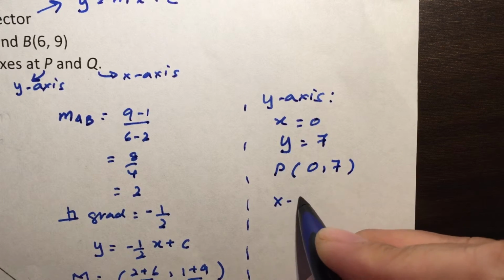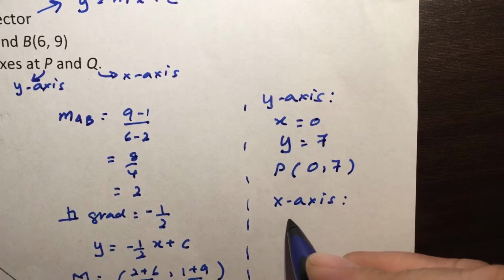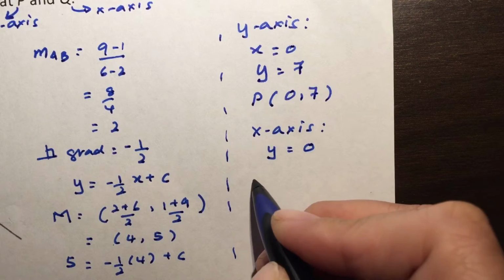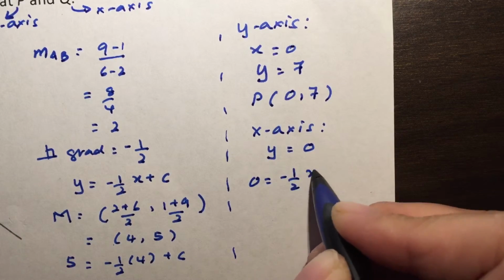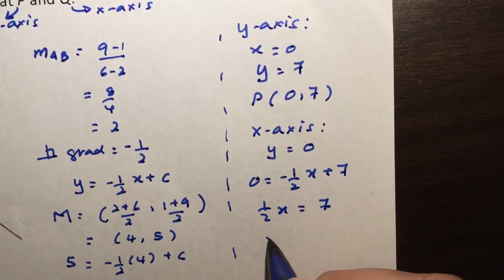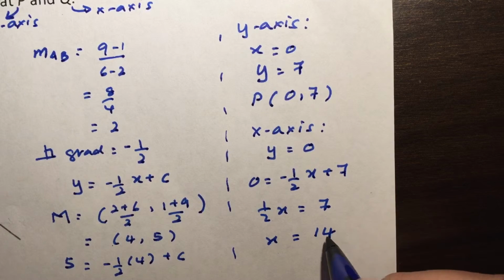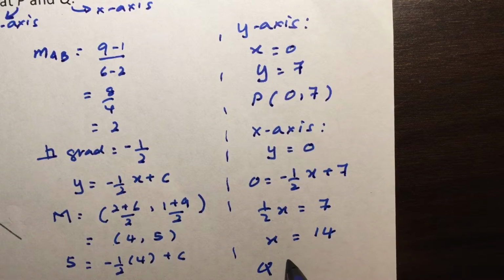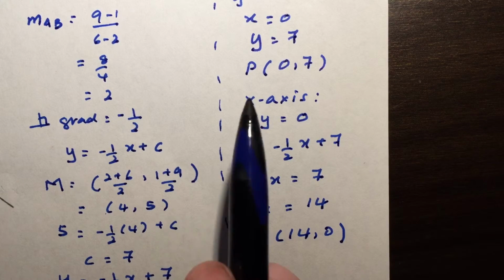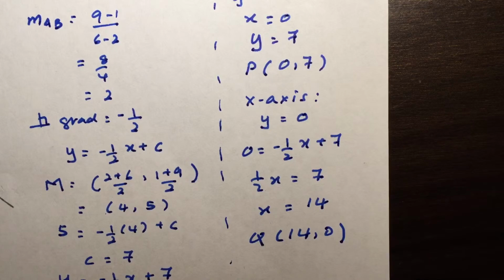Now, at the x-axis, conversely, we have y equals 0. So what we will have is 0 equals negative half x plus 7. So half x equals 7 and x will be equal to 14. So this means that my Q coordinate will be 14, 0. So this is making use of the coordinates that lie on the axis.